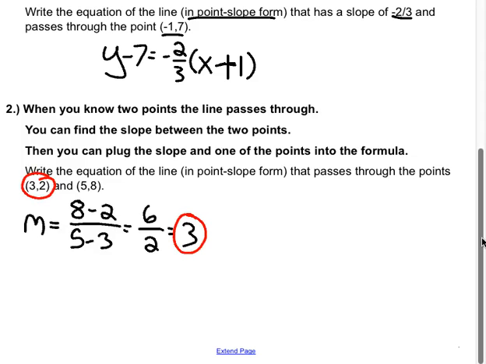I choose one of my points, and now I plug it in. y minus the y value from the point equals the slope times x minus the x value from the point. So basically the same idea still, except you have to know that you can find the slope, and then you plug it into the formula, okay? And it says we can leave it in point slope form, so we're good to go.